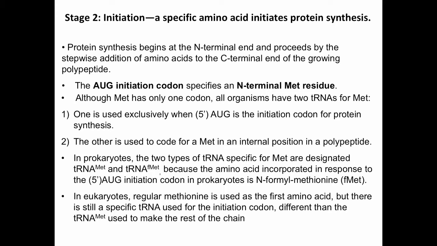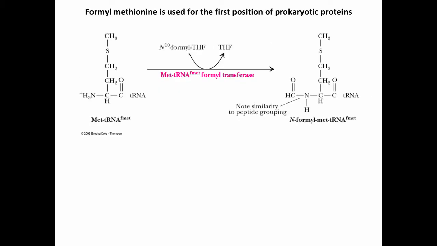In eukaryotes, a regular methionine is used as the first amino acid, but there's still a specific tRNA that's used for the initiation codon, and that's different from the tRNA used for internal methionines in the polypeptide chain.